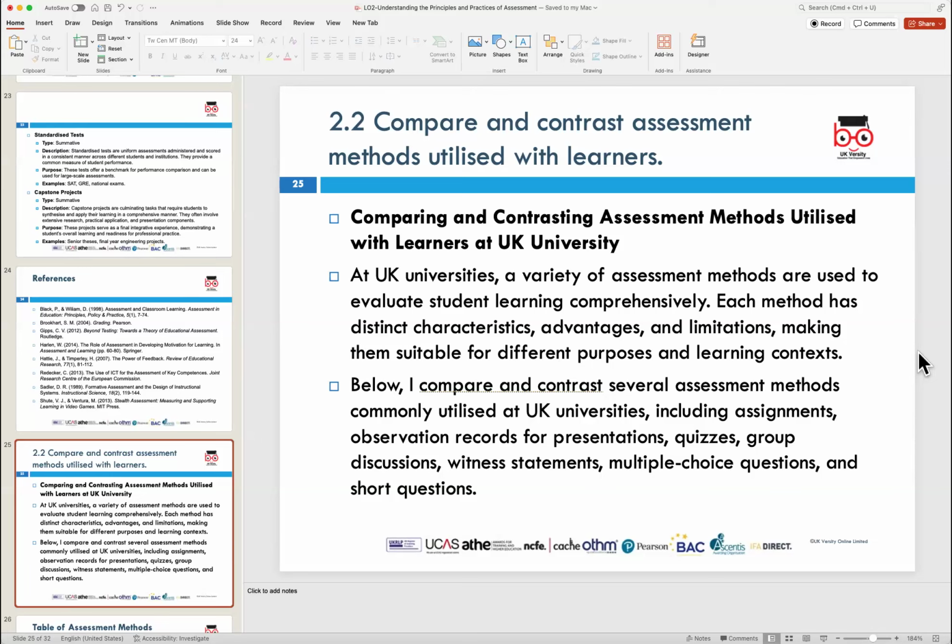When you look at further education, it tends to be in the form of assignments, and in some cases presentations or observation records.